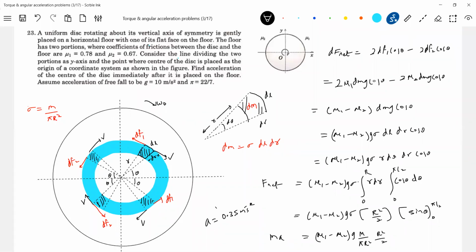Along the y-axis, positive y-axis, g cap. Check it, because mu1 is greater than mu2. And this df net on these four elemental strips is directed along the y-axis. So the resultant acceleration will be along the positive y-axis, at that instant only.